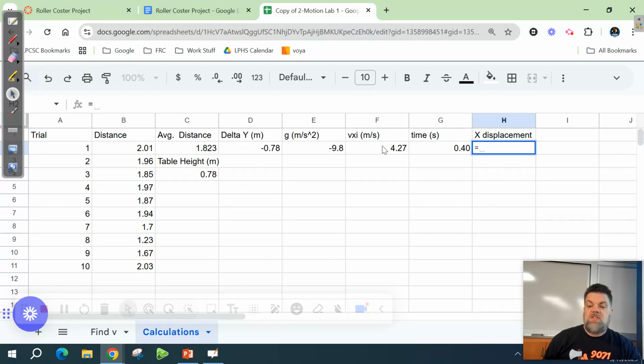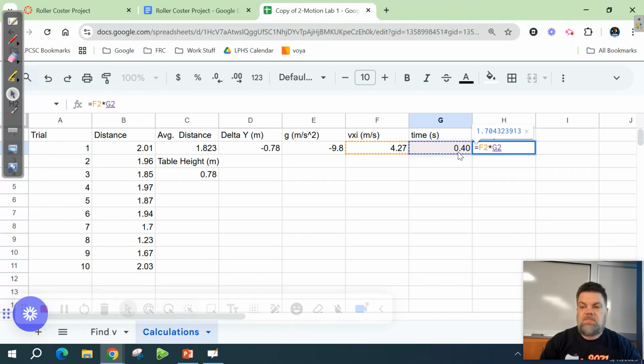And remember, it's just this velocity times the time. So it's just the velocity times the time.